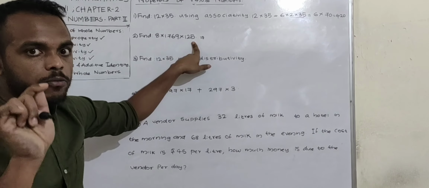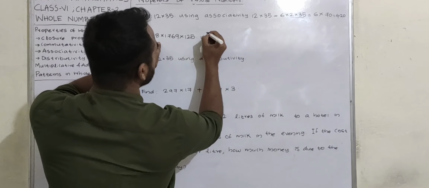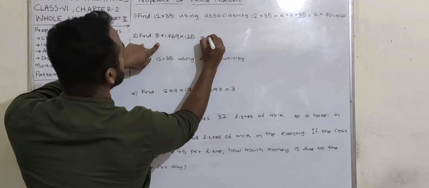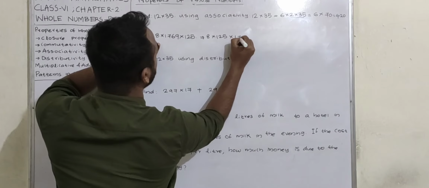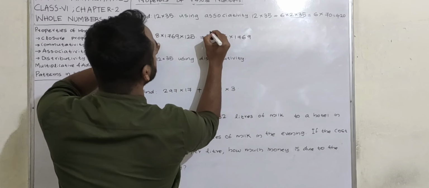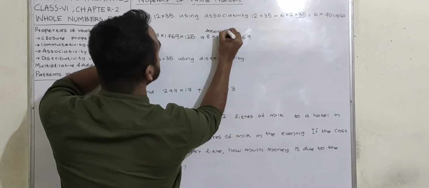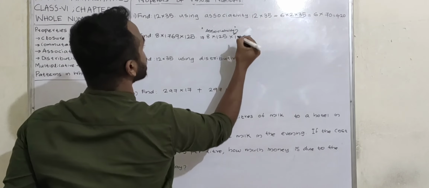If you have any doubt, please multiply. But I am using associativity property, so I am going to rewrite this as 8 into 125 into 1769. Which property? Associativity. You should mention that you have used associativity property over here.